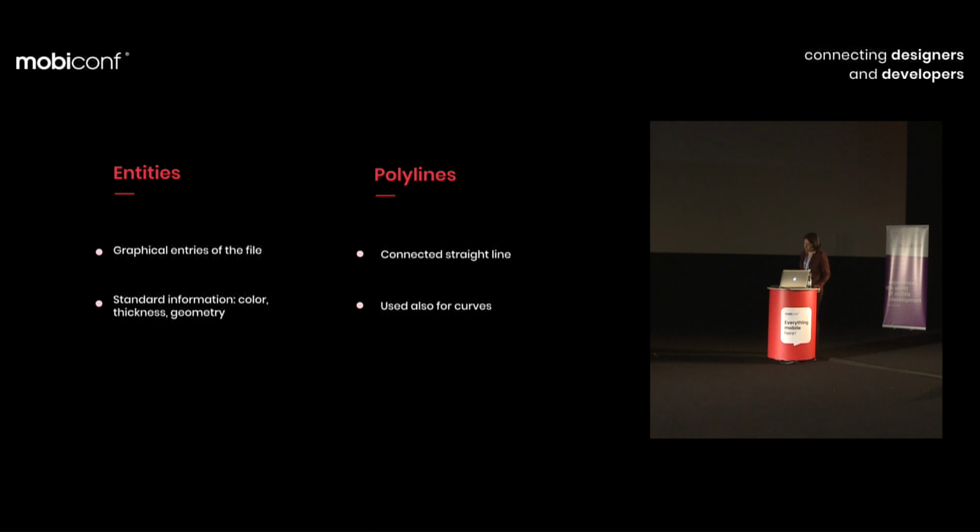For example, all the 2D entities have thickness, while the text entities have fields for font, size, and the text string, in addition to their standard attributes. And a polyline is a particular type of entity that consists of connected straight lines, which can also be used for curves that are represented as a long list of connected straight lines.